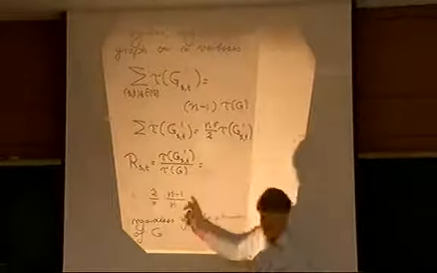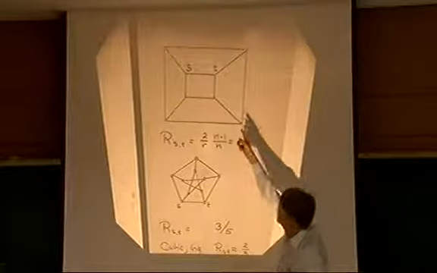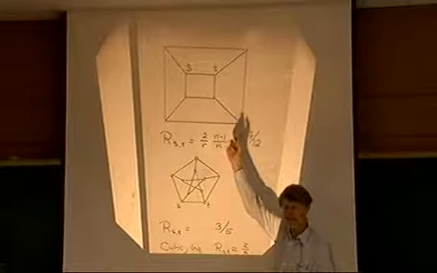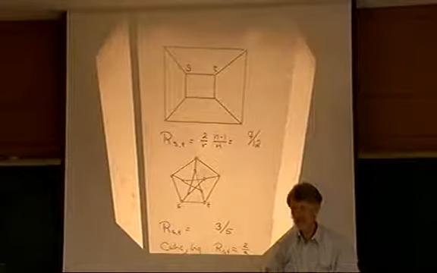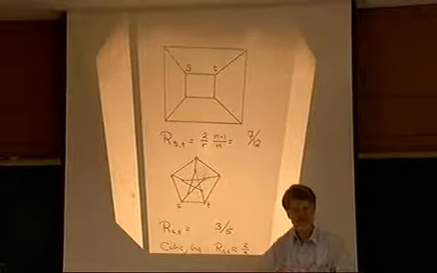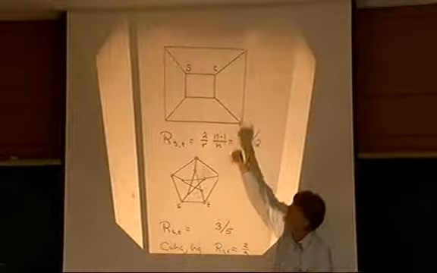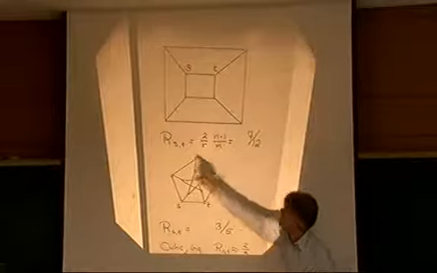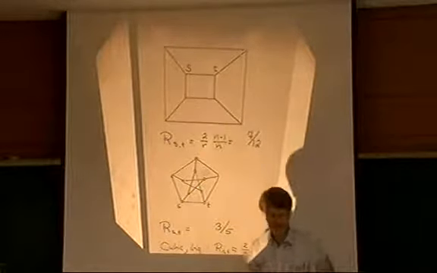Let's look at some examples, because this formula is very easy to compute, isn't it? Let's look at the cube. The cube is edge-transitive. It doesn't look edge-transitive in my drawing, but this is the graph of the cube, and in the cube all edges look the same. So we can use the previous formula. This is R-regular for R equal to 3, and we get the number 7/12.